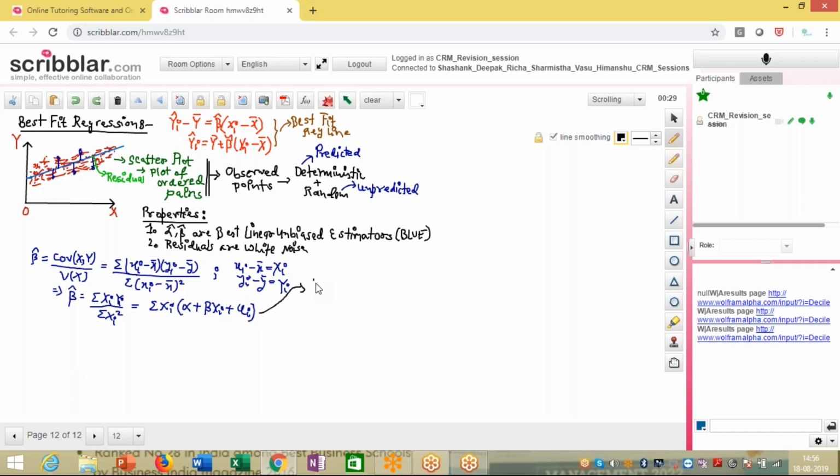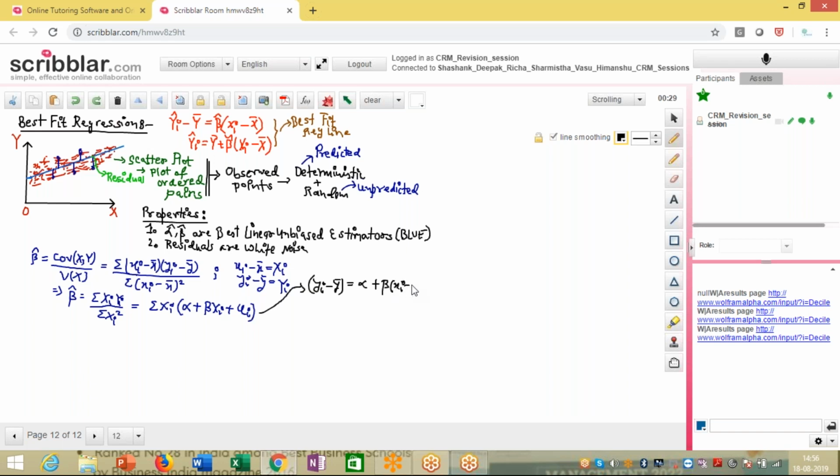So what I have actually written out here is this thing. I have written out yi minus y bar, which is in the deviation form, as alpha plus beta xi minus x bar.